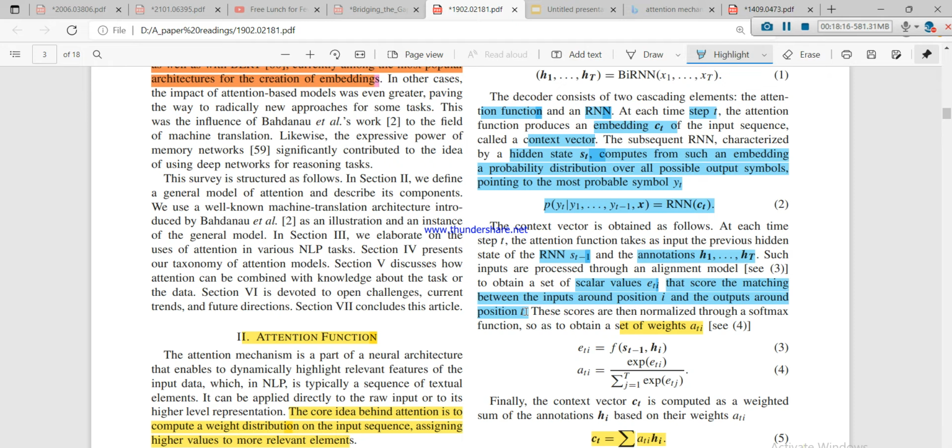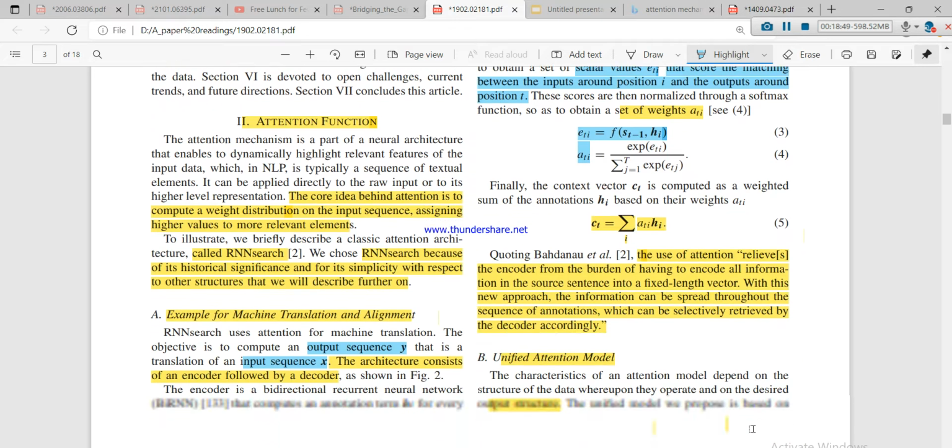These scores are then normalized through a softmax function to obtain a set of weights aij. We have seen this function previously. Finally the context vector ct is computed as a weighted sum of the annotations hi based on the weights aij.